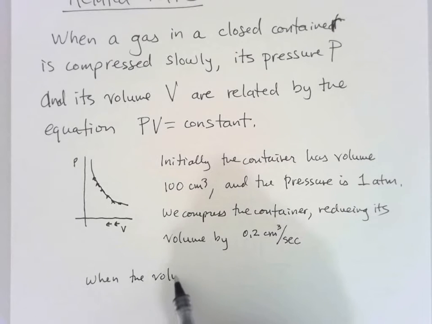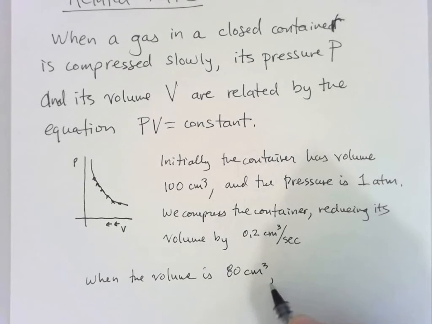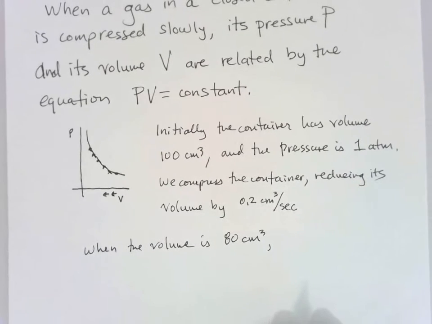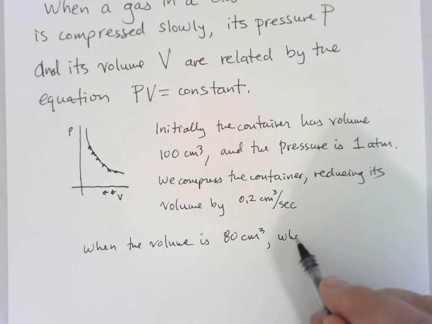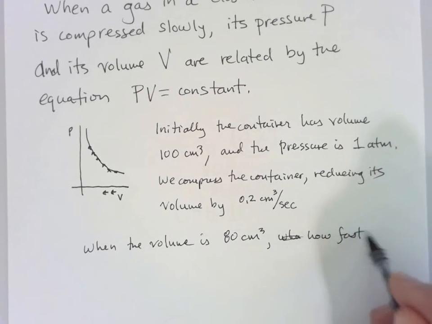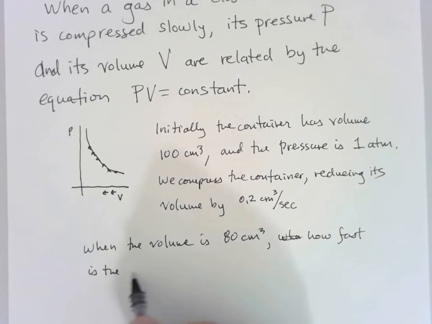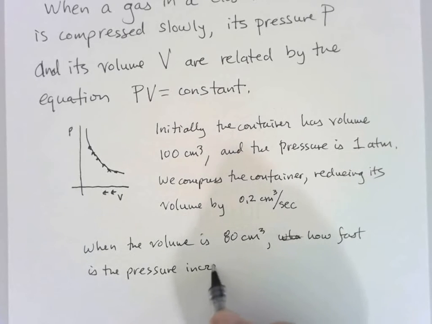When the volume is, let's say, 80 cubic centimeters, so we've been compressing it slowly, and it reaches 80 cubic centimeters, how fast is the pressure increasing?